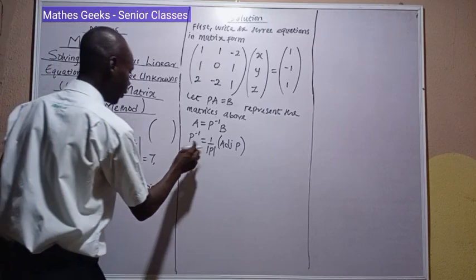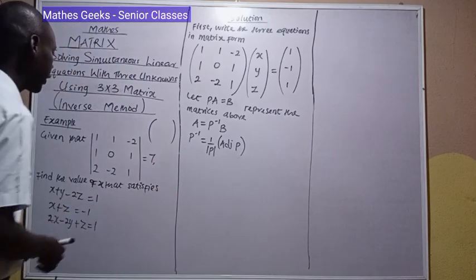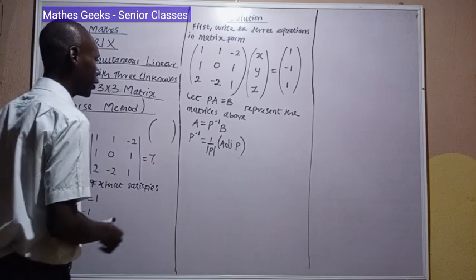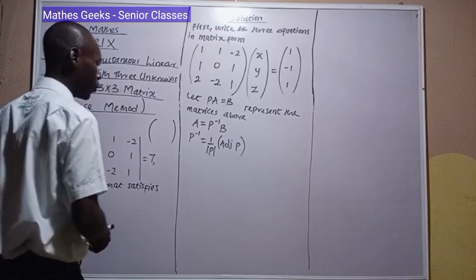To get the adjoint of P, since it's a 3x3 matrix, we're going to get the cofactors and then get the matrix formed by the cofactors.